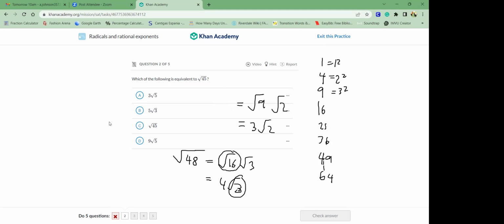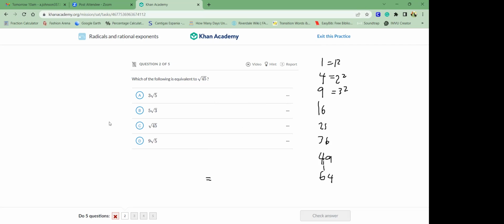All right, let's go through a couple more. What about root 98? Yeah, 9 squared is 81, 10 squared is 100. Those are your perfect squares, these numbers.